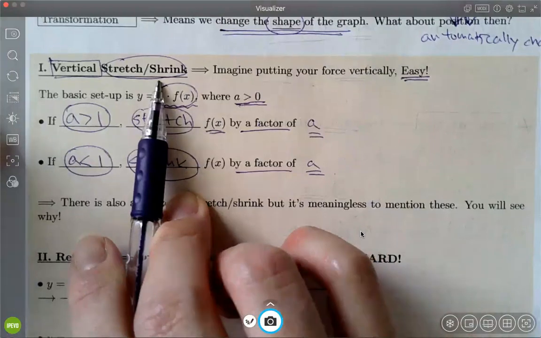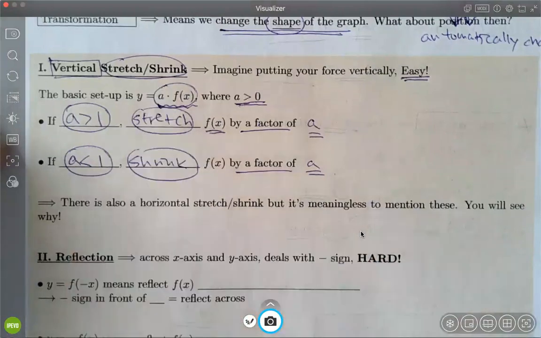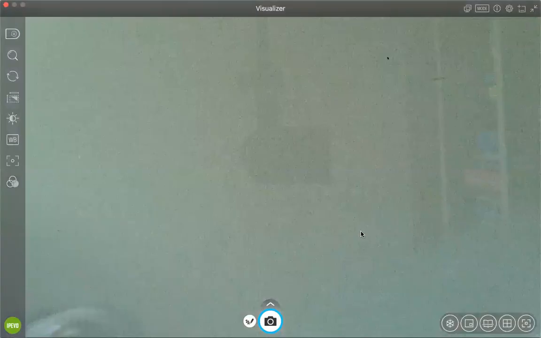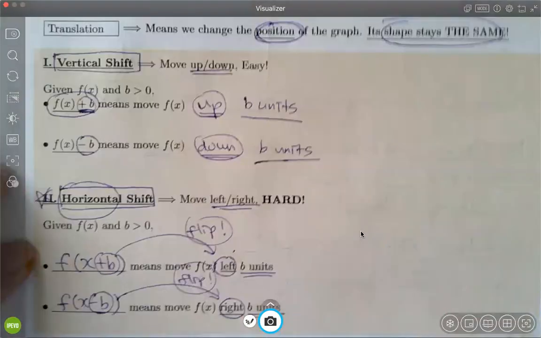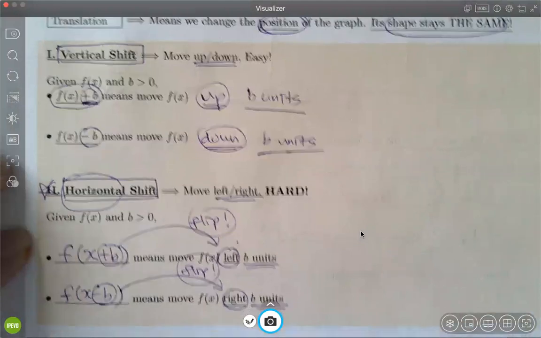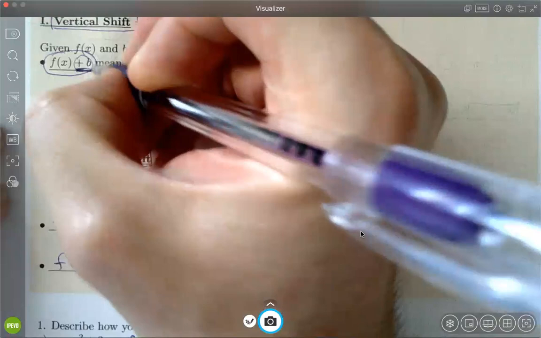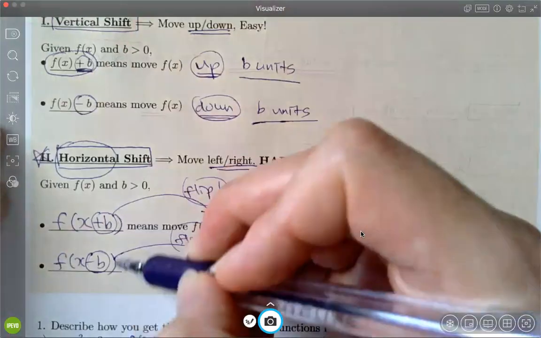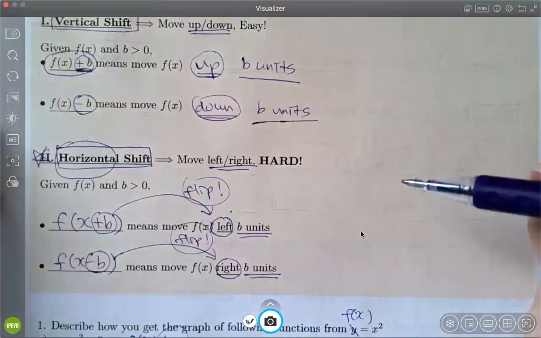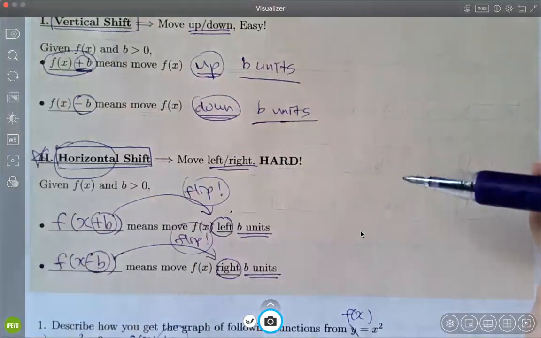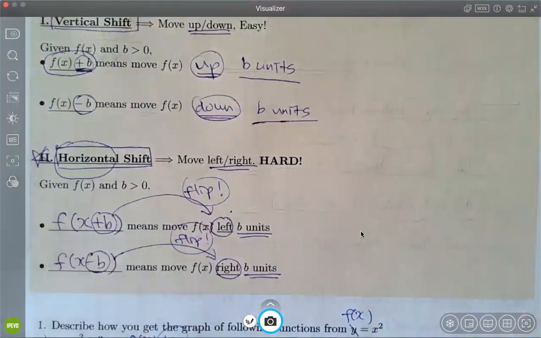So that's why 1 is the default setting for all the stretch and shrink. Whereas for the shift, 0 is the default number, because when you add or subtract 0 to x or in the back, you don't change your function. So that's why 0 is the default number for the shifts, not 1.